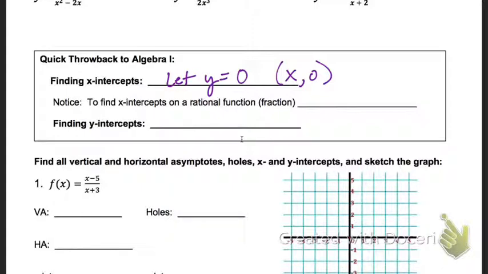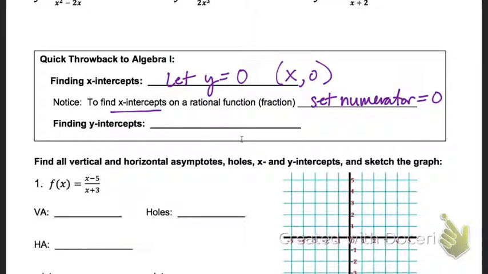To find x-intercepts on a rational function, you just set the numerator equal to 0. Can you explain why? Because there won't be an intercept on the vertical asymptote. When you're setting the denominator equal to 0, that's your vertical asymptote. When you're setting the numerator equal to 0, that's your x-intercept.